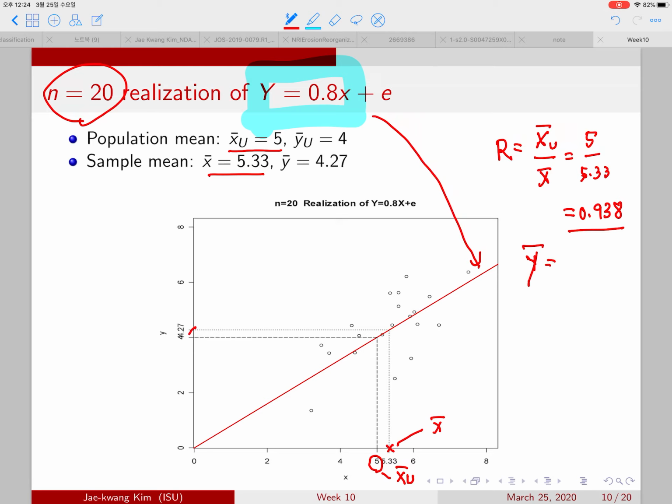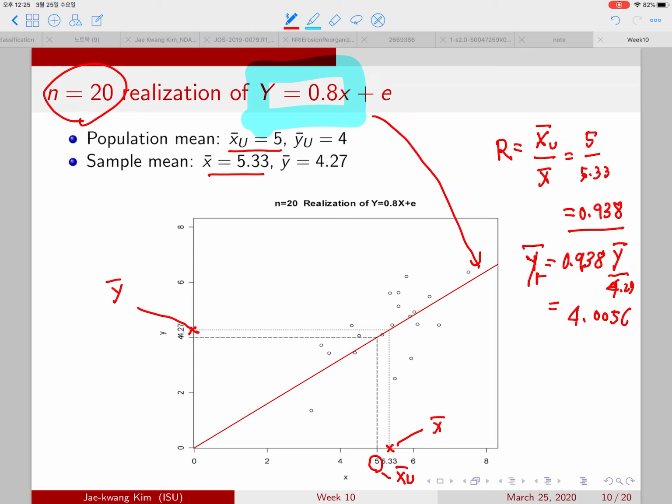So you apply your ratio estimator. This is your y bar, and you apply 0.938 times y bar, and that is 4.0056. The sample mean y bar is 4.2927.